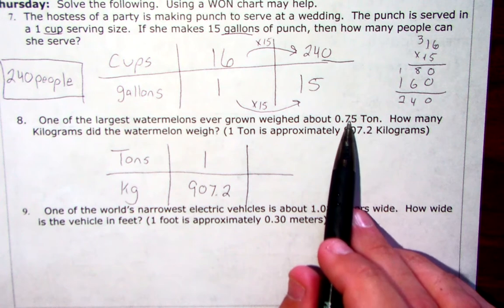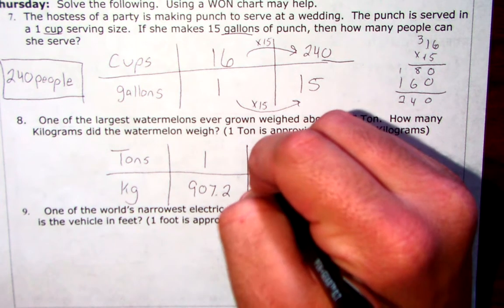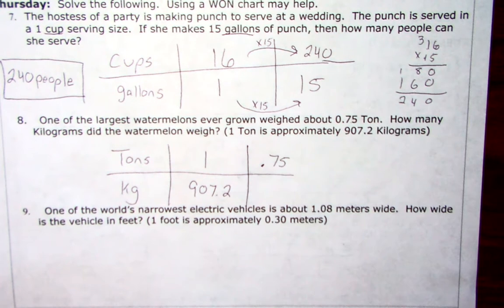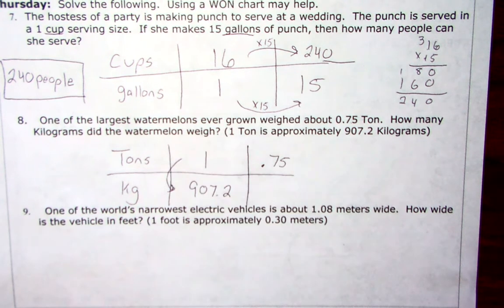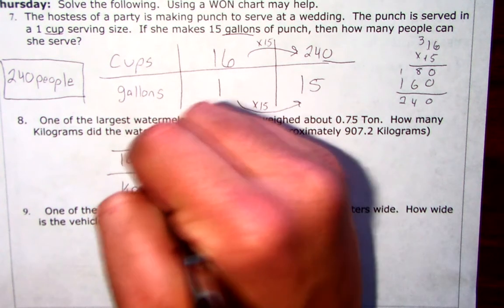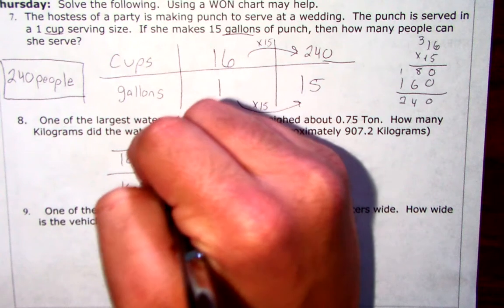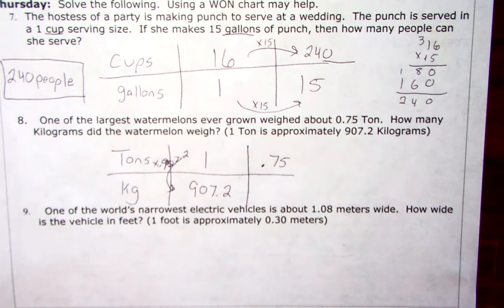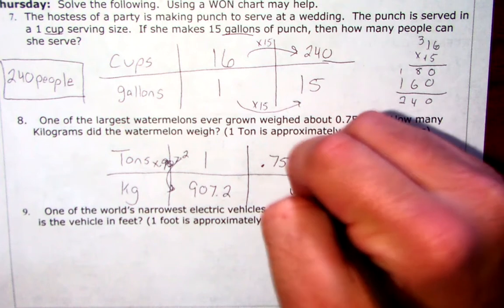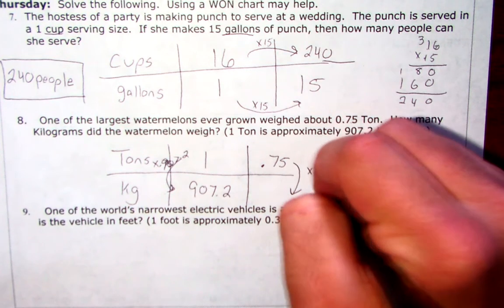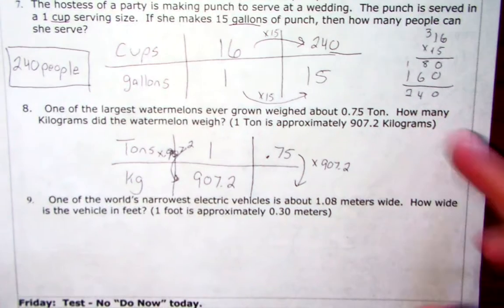But we're going 0.75 tons. Well, to get from 1 to 907.2, you multiply by 907.2. So you take the 0.75 and you multiply it by 907.2. So let's do that math right over here.